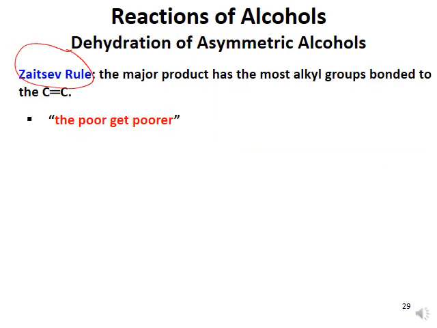Zaitsev is a different Russian who did some work on this. And what he found with all of his work was that the major product has the most alkyl groups bonded to the carbon-carbon double bond.